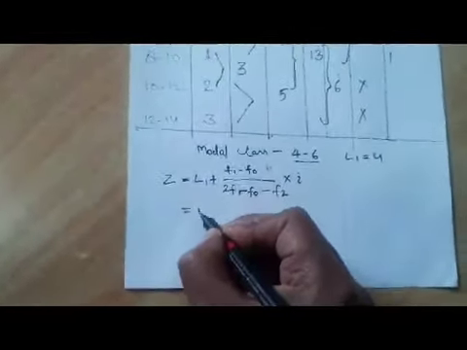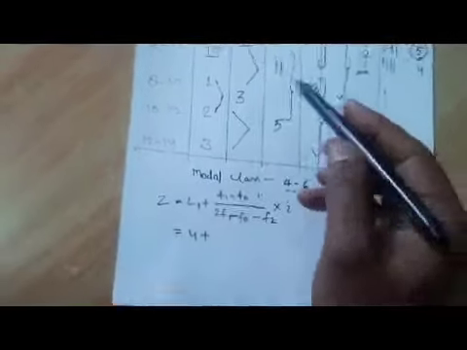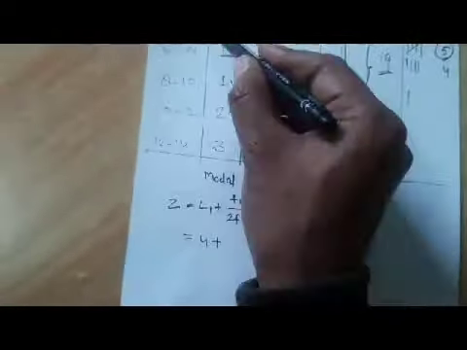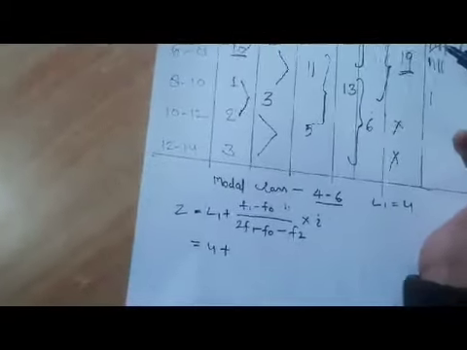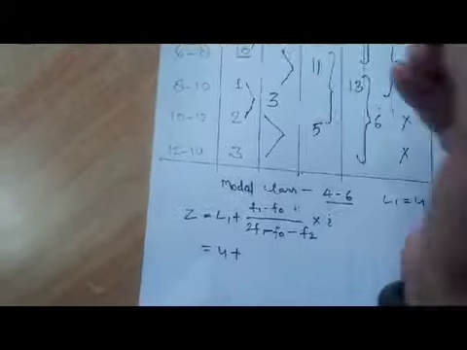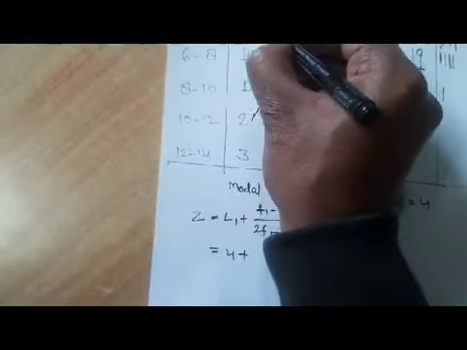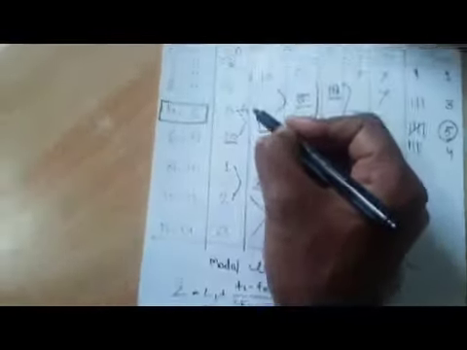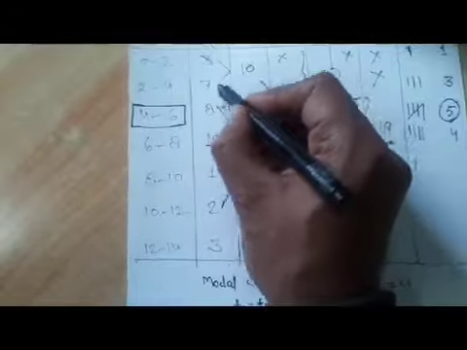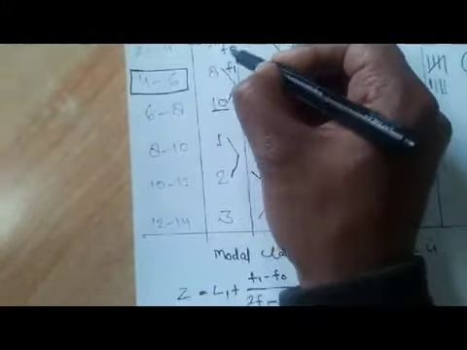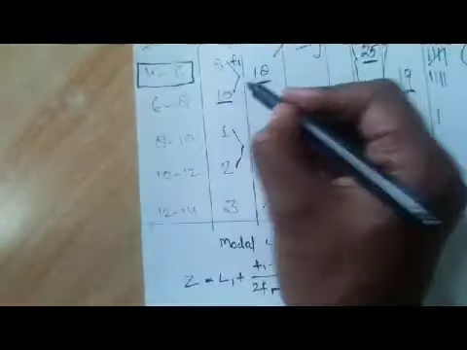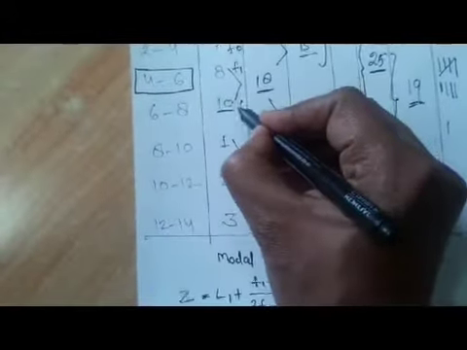So we put the values. L1 is 4 plus. Now here we see the modal class is 4 to 6. So F1 is 8. F1 means frequency of modal class. Then the frequency of the pre-modal class is F0, and the frequency of the post-modal class is F2.